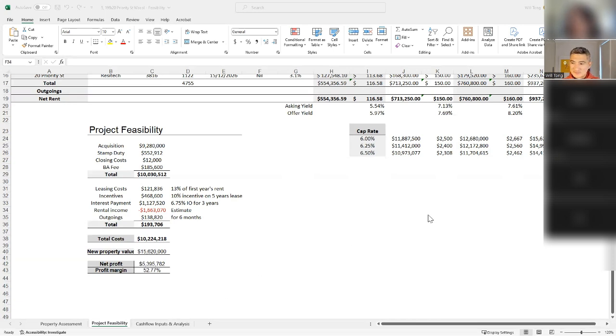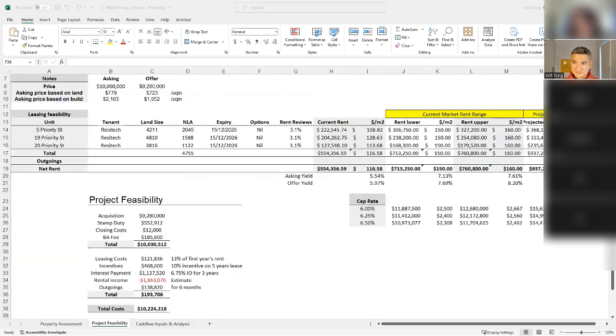Cool. In terms of the projected square meter rate that you've applied from a leasing perspective in 2026, how did you derive that? So in most feasibilities, we sometimes ignore it because we only want to count what we can bank on. But to explain how we got to this number, it's based on the reports and the research that we've read from Savills, CBRE, Jones Lang LaSalle, and also our feel for the market.